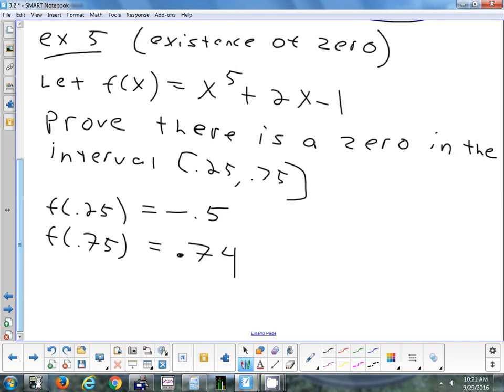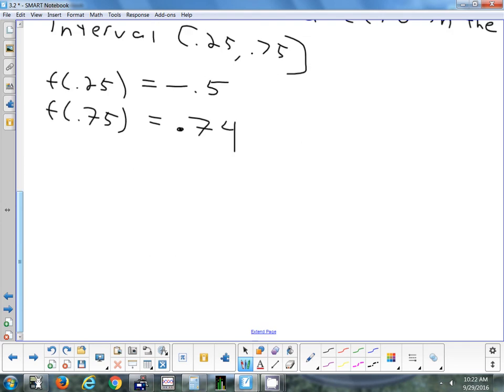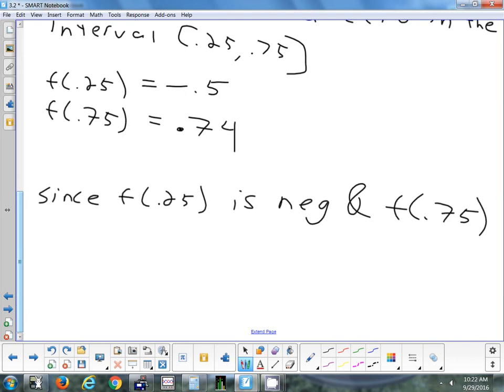So now what? How does that help me to prove that this has to cross the x-axis? Well, one's negative, the other one's positive. So you have to go through 0. Right, so since f of 0.25 is negative, and f of 0.75 is positive, and the other thing that's important is I have a continuous function.